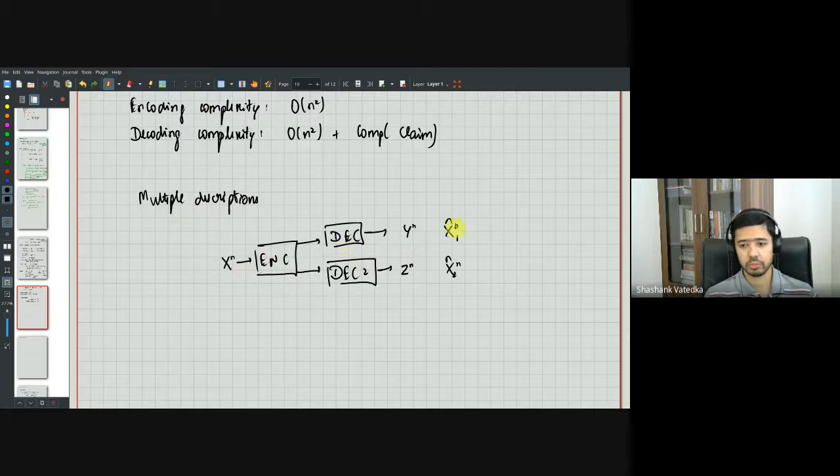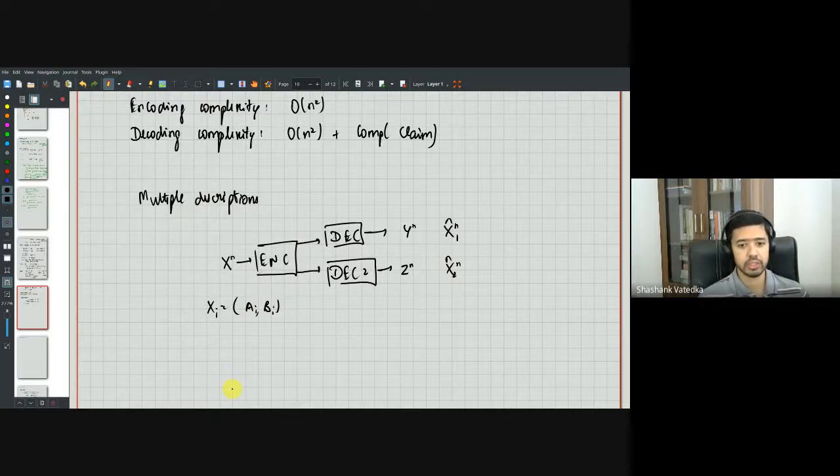One way to think about two different descriptions is, as you mentioned, each xi is let's say ai comma bi, two different symbols. So you have two different files which are correlated with respect to each other. This decoder wants one particular file and this one wants a different file. Okay, that is one setting.